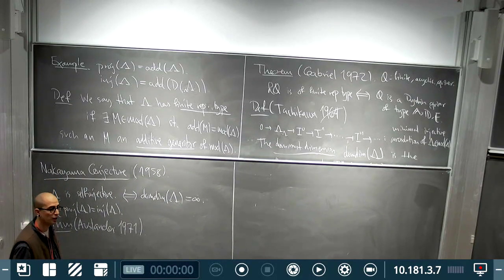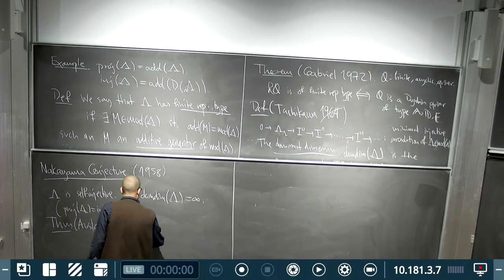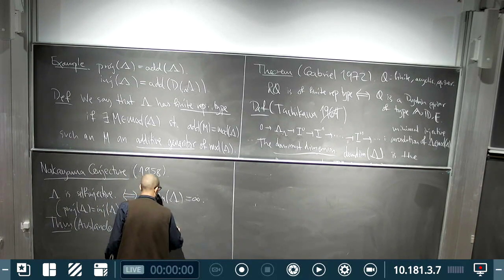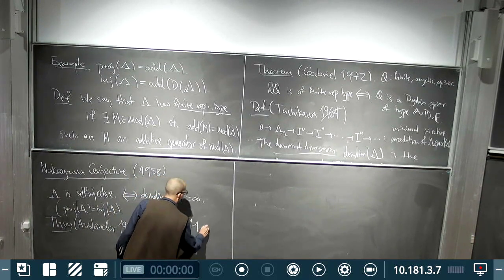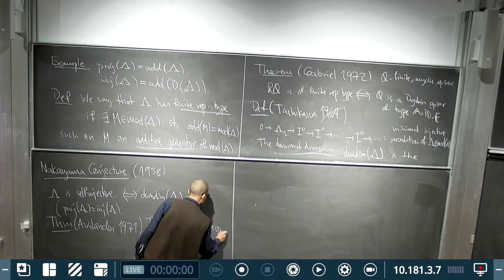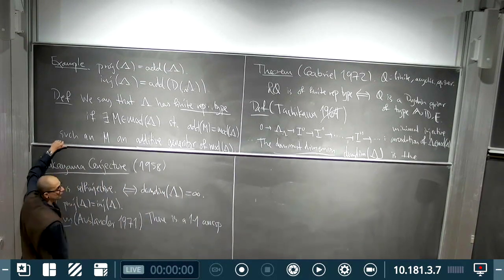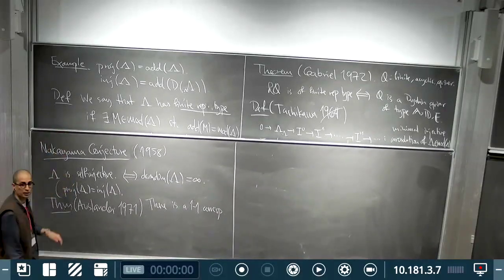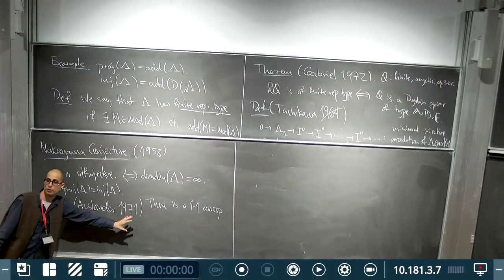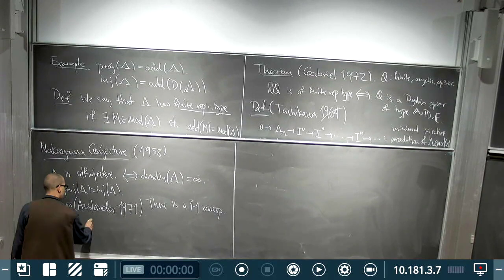of finite dimensional algebras. And this theorem says that there is a one-to-one correspondence between, so can you see there, if I write on the bottom of the blackboard? Yes? Okay.